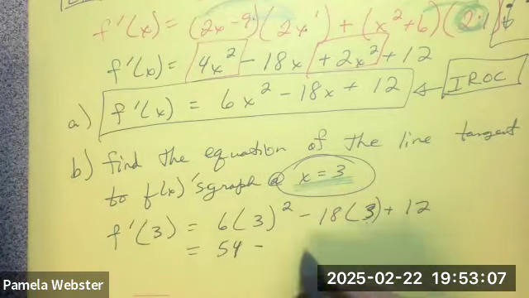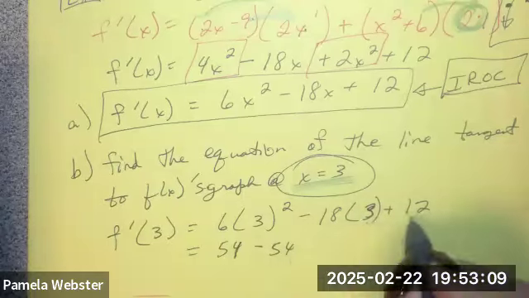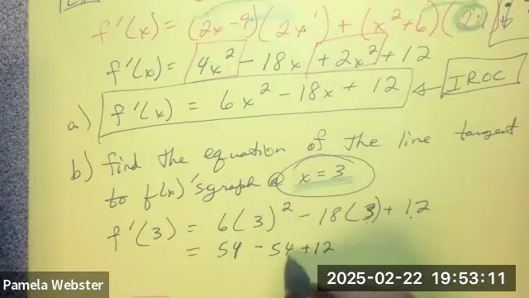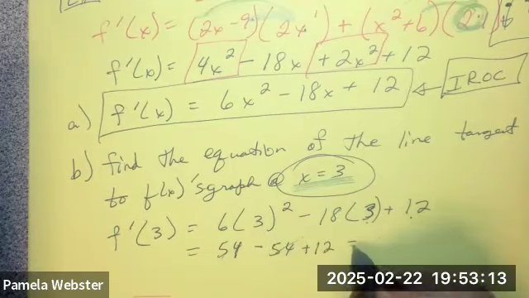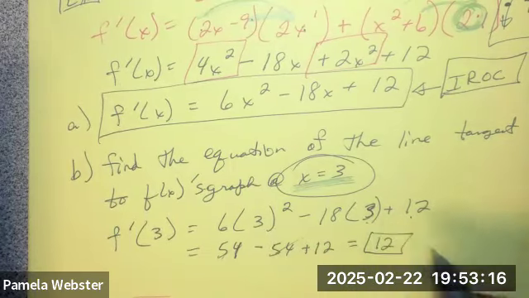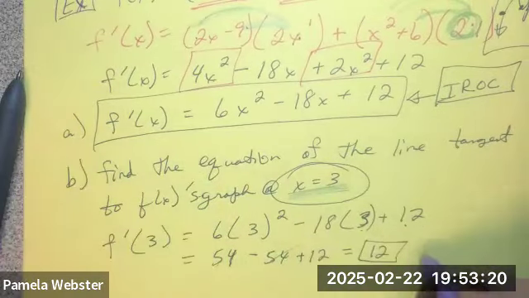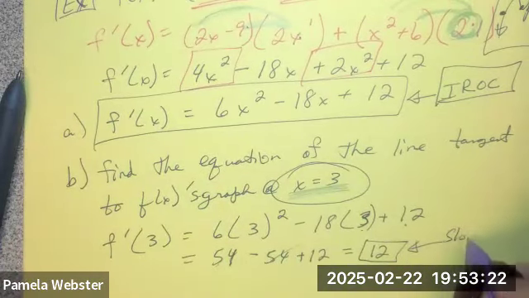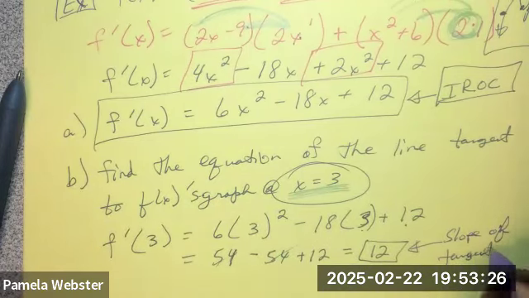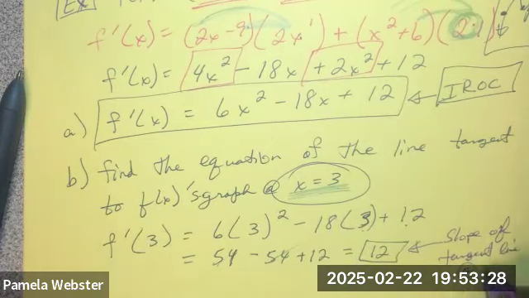So this is 54 minus 54 plus 12. Clearly these two 54s go away, and I'm left with 12. So what does this tell me? This is the slope of the tangent line at x equals 3. That's my slope.